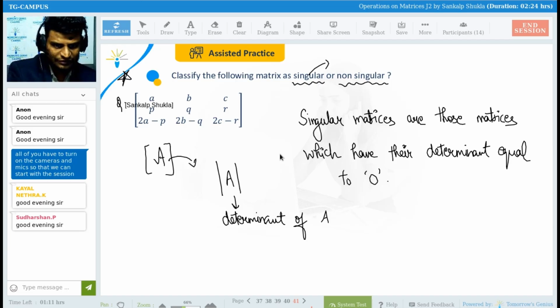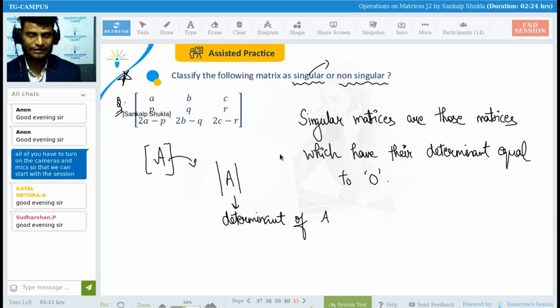You have to try this question. This matrix is given to you. You just have to let me know whether it is singular or non-singular. For that, you obviously have to find the determinant of this matrix. Please go ahead.